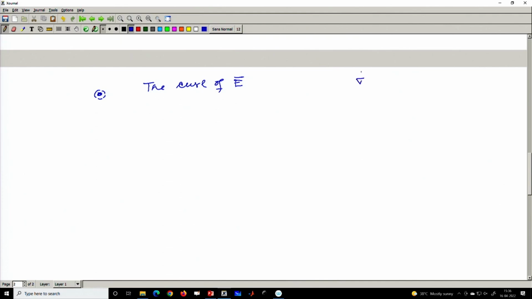I just write here divergence of E, we figured out that it is simply rho divided by epsilon 0. The question is, what is the curl of E? What is this value?